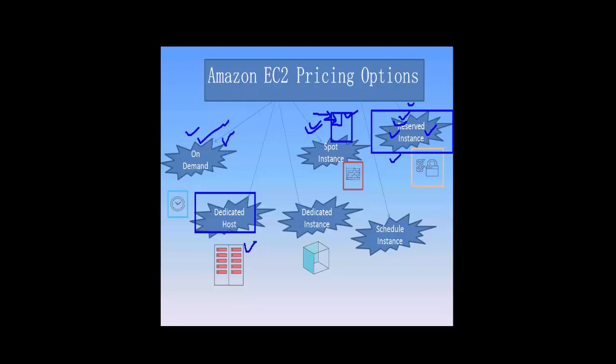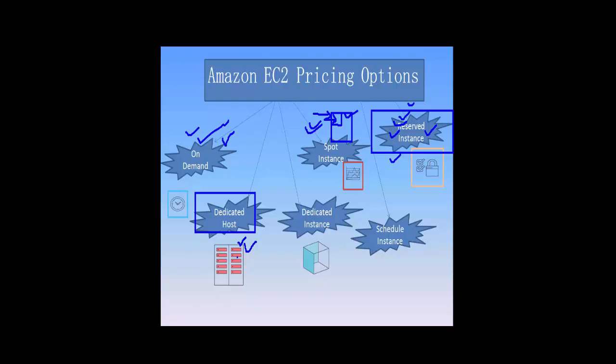It is used where you have licensing issues, where a license gets bound with one particular hardware ID and you cannot install it on another machine. This particular hardware will be fixed for you. You install your license, that license gets bound here, and you can use it.